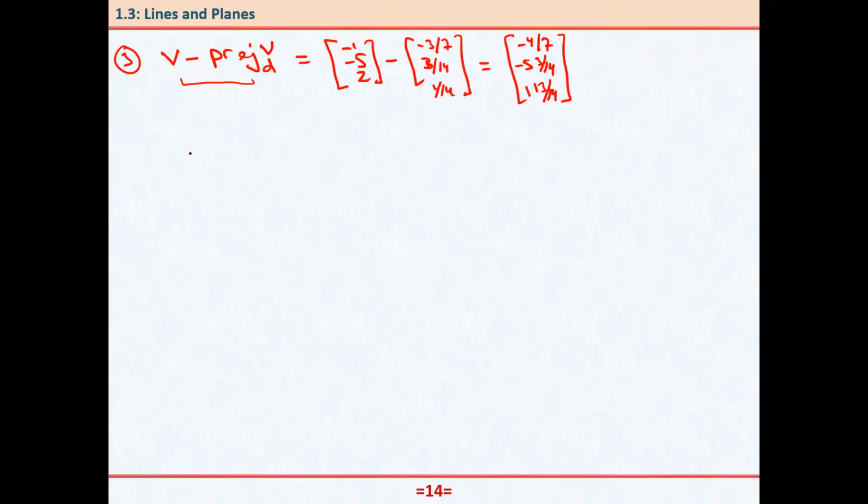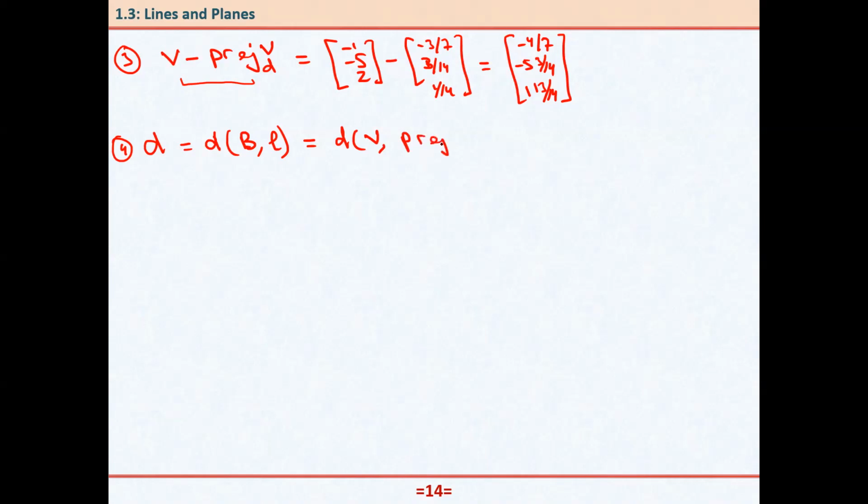Number 4, the distance between the point B and line L. That is just the distance between vector V and the projection of V onto D.